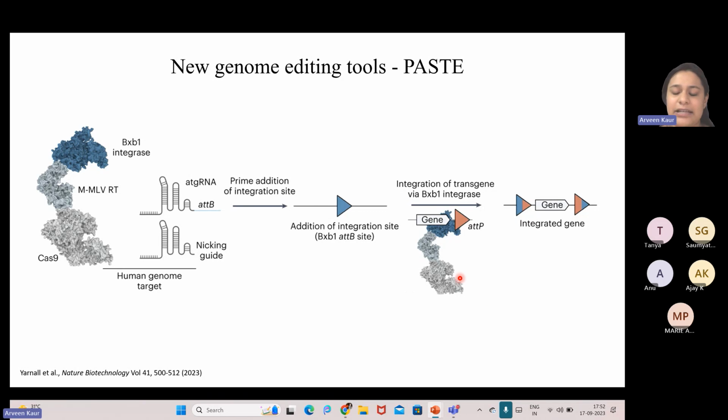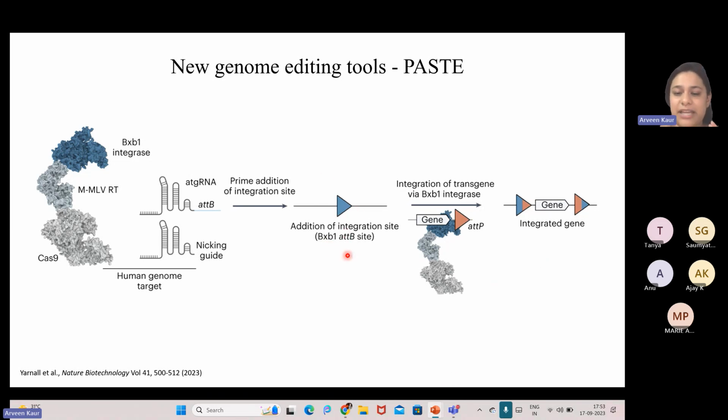So what will happen is that this Cas9 will basically go and recognize whatever target DNA it has to recognize. After recognizing this target DNA, what will happen over here with the help of integrase? Over here, there is no nickase that is present, right? Or no molecular scissors that is playing any role. Over here, there is an integrase. This integrase will go and it will basically find its target, which is ATT-B, right?